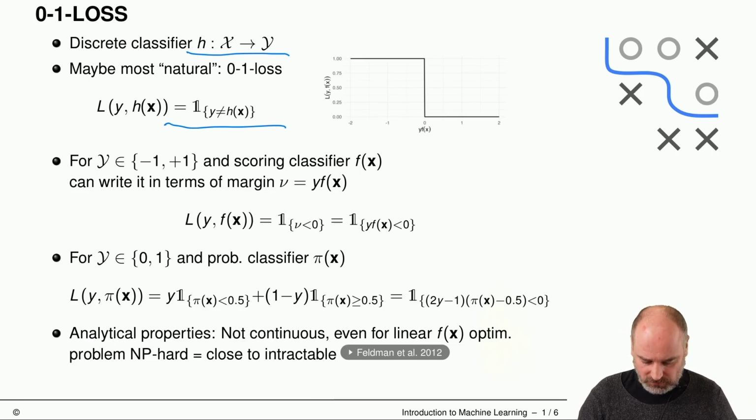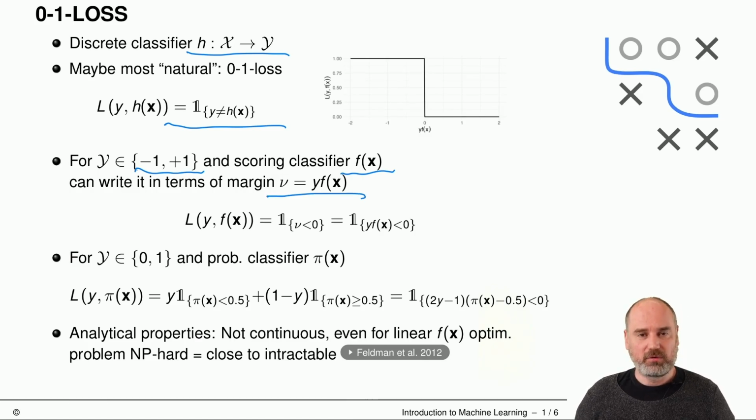Now, if we have labels which are encoded as -1 and +1, and if we use a scoring classifier, so something that outputs a value on the real line from -infinity to +infinity, as we've discussed before, very often it is nice then to write the loss function in terms of the margin. So the margin is just Y times F. So this gives us a signed value.